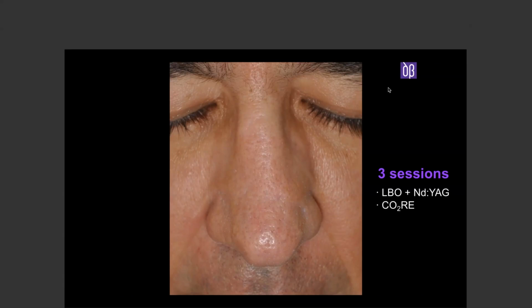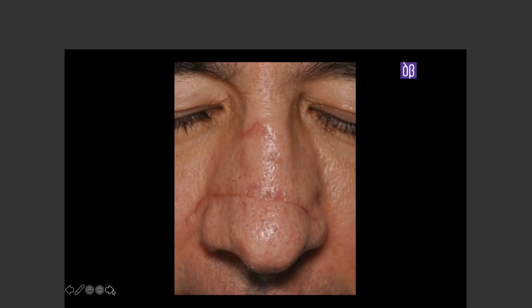The first session was 2 months after the injury, and then we made 2 additional sessions, 1 month apart each. So this is the end result after 3 sessions. We see the before here, and we see the after.